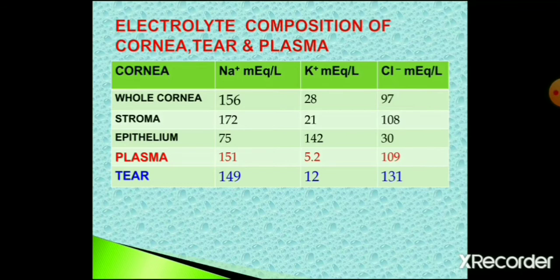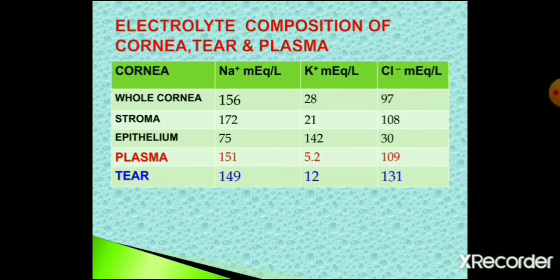In the stroma it is 172 and 21 and 108, and then epithelium 75, 142 and 30, and plasma it is 151 and 5.2 potassium and 109 chloride. Tear film 149 milliequivalents sodium and 12 milliequivalents of potassium and 131.